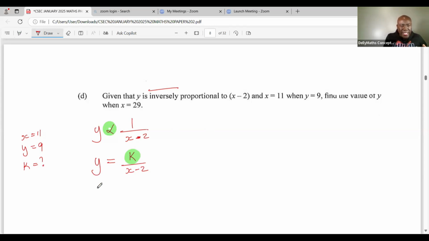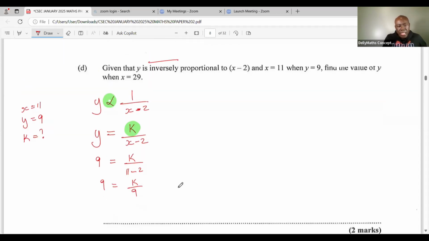So y is equal to 9. 9 is equal to k, which I don't know yet, over 11 minus 2. So 9 is equal to k over 9. In an effort to find k, I'm going to multiply both sides by 9.